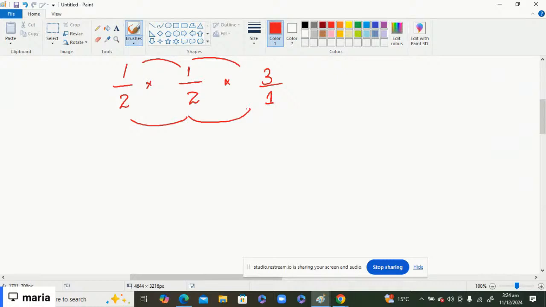So 1 times 1 is 1, 3 times 1 is 3, and then here 2 times 2 is 4, 4 times 1 is 4. That's it. Here two are proper fractions and one is a whole number. This is the way we solve all these questions.